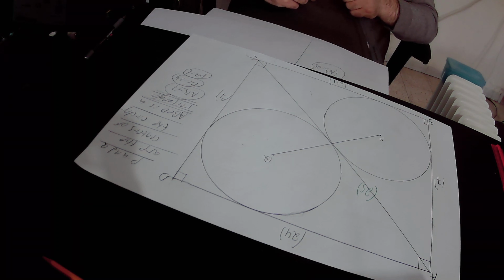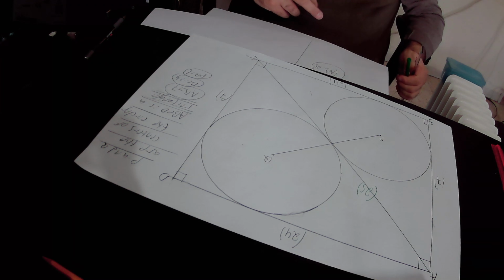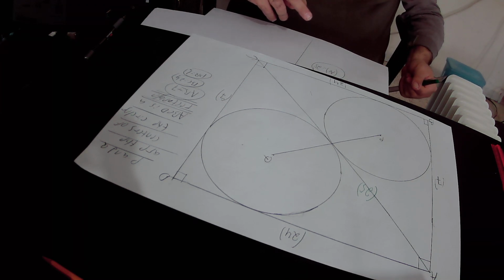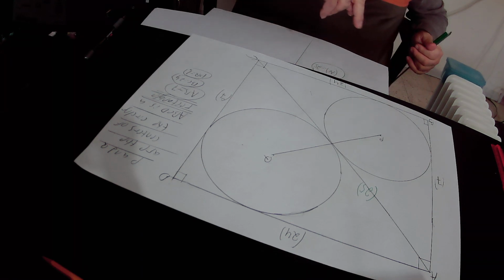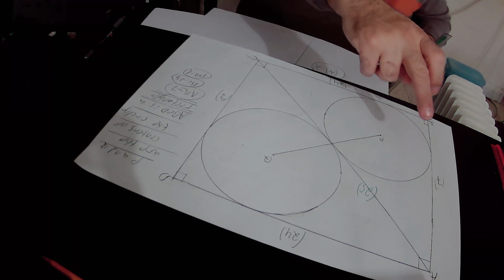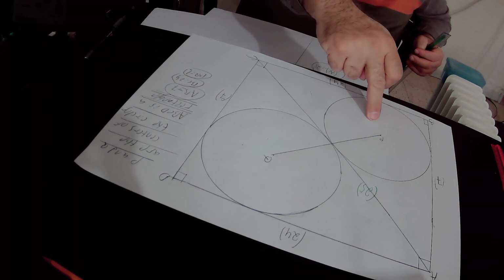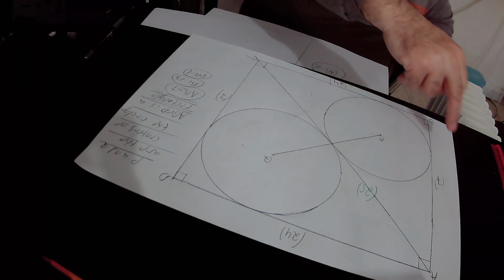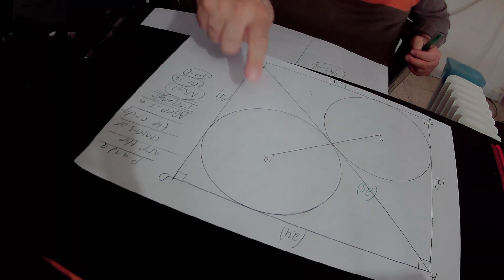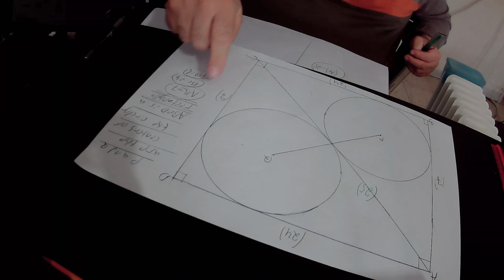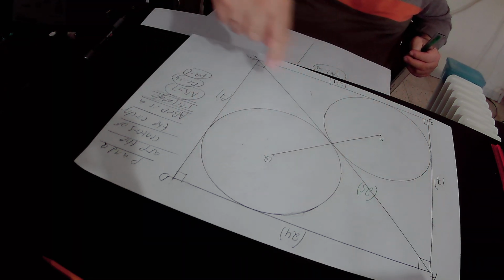What is the radius of each circle? In order to find out, each circle here is blocked by a right triangle. This circle with the center P is blocked by the right triangle ABC, and this circle whose center is Q is also blocked by this right triangle ACD.